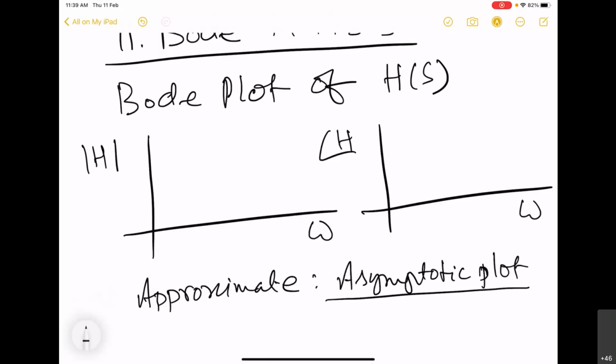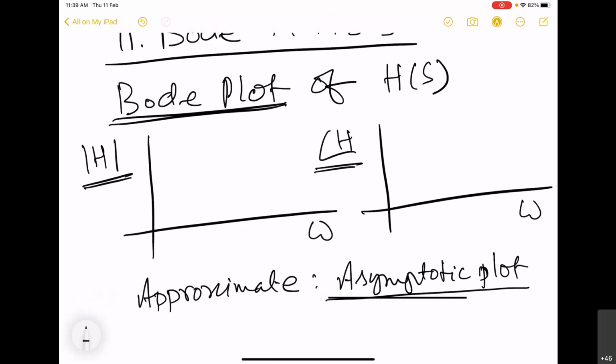As we know, asymptotes are the tangents to any given curve at extreme values of the variable, especially at infinity. So this Bode plot that we will do is going to consist of tangents to the actual plot that one would have got.